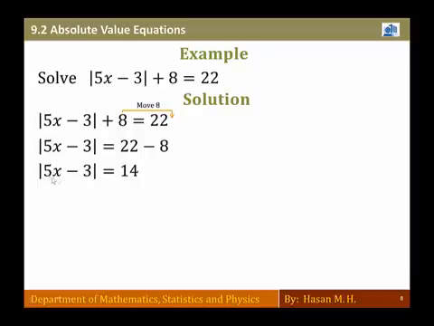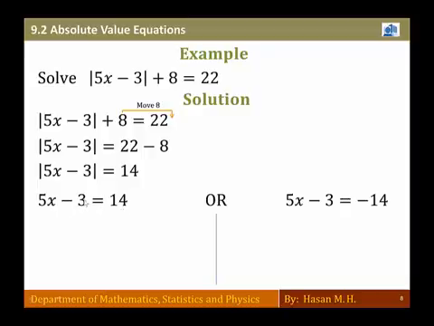The absolute value of 5x minus 3 equals 14 is equivalent to 5x minus 3 equals 14 or 5x minus 3 equals negative 14. Solve each equation separately. 5x minus 3 equals 14.